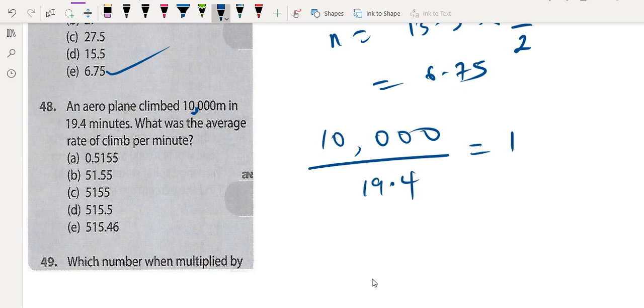Move this thing one place. It becomes, did you also move this one place? So that's 100,000.